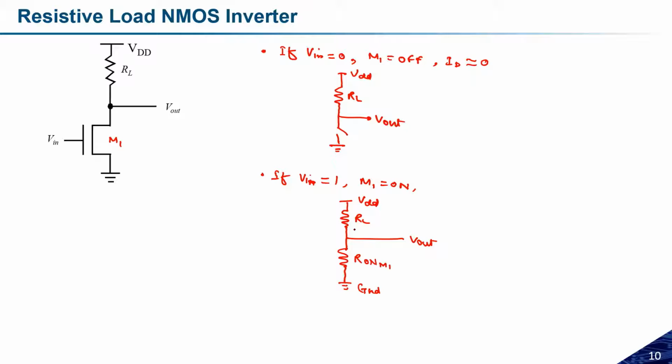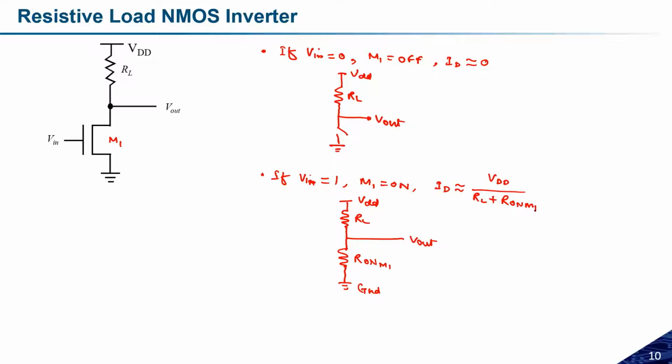So what will be ID? What will be the current flowing through here? Can anyone tell me? Sir, VDD divided by RL plus RM1. Yes, perfect. So ID will be approximately VDD divided by RL plus Ron of M1.